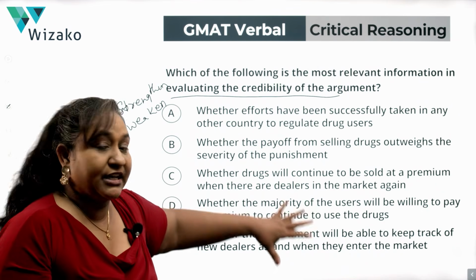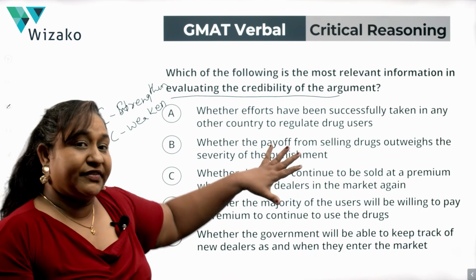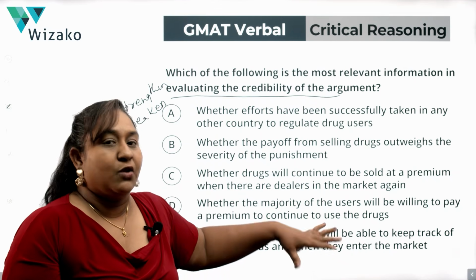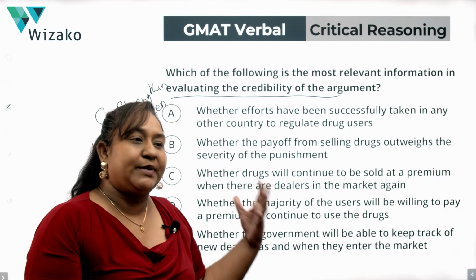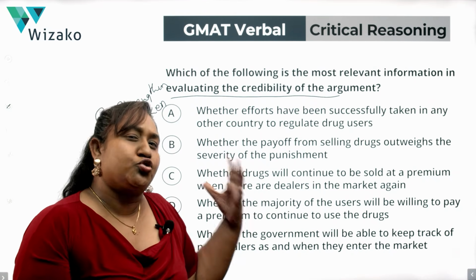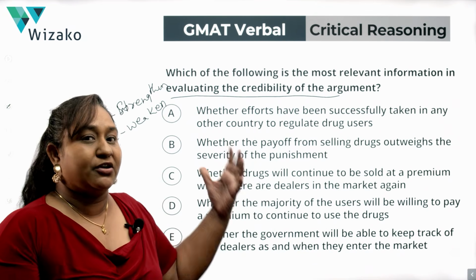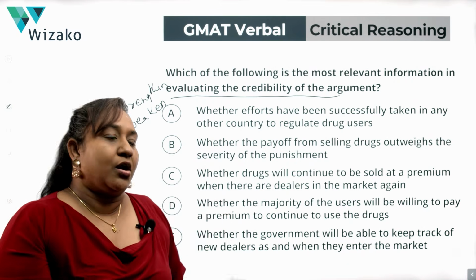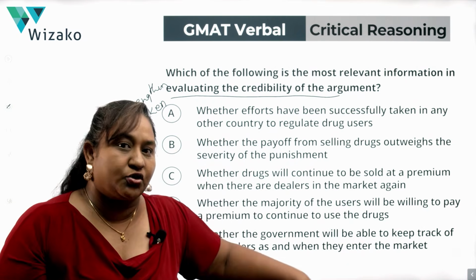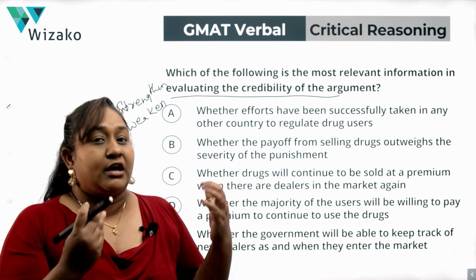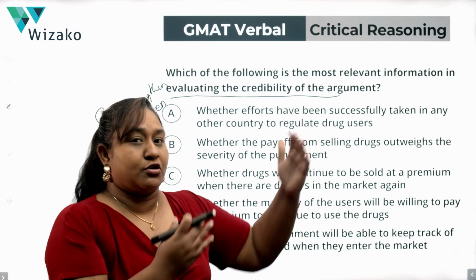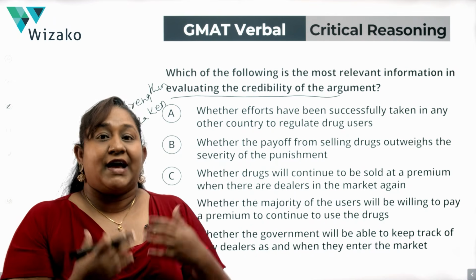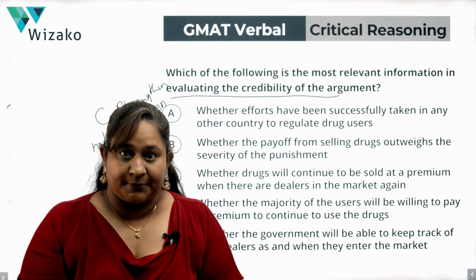You have raised a generic statement. One of these statements will present a viewpoint, will present a topic that is so relevant to the topic of discussion in the author's argument that depending on what possible response you can get from the author, the argument will become either super strong or super weak. That's what you're doing with an evaluate question.